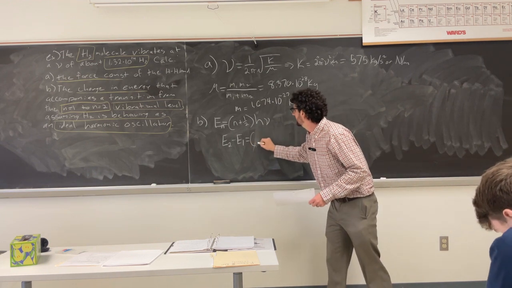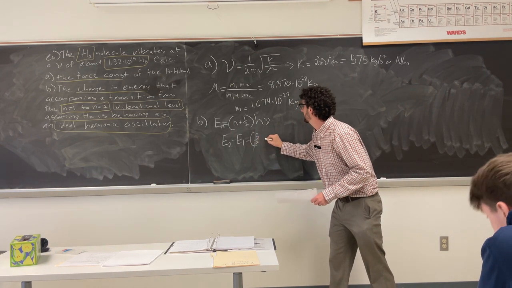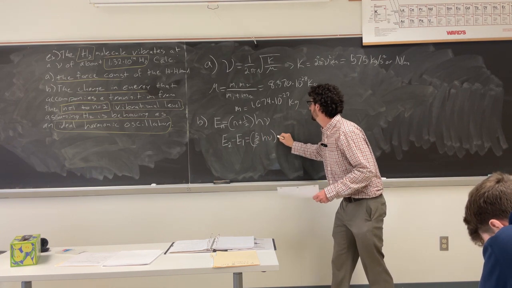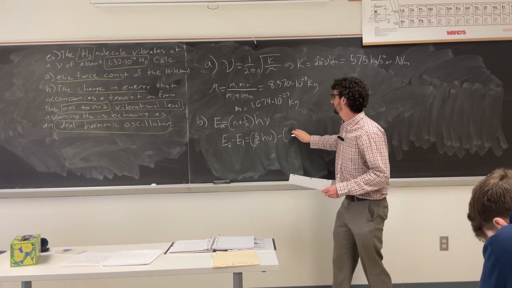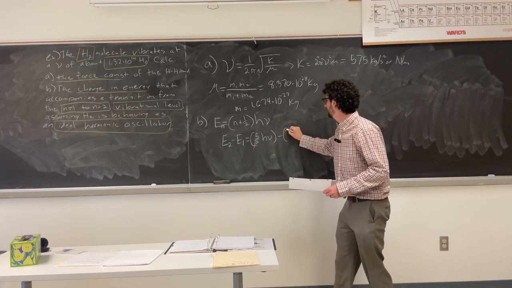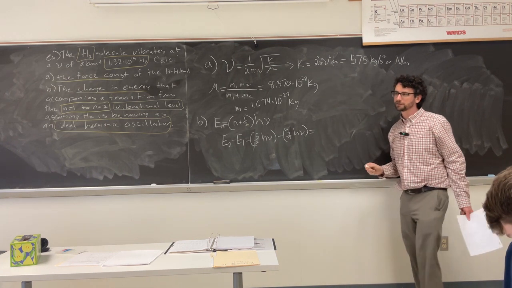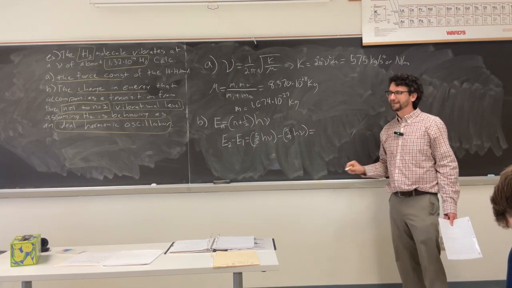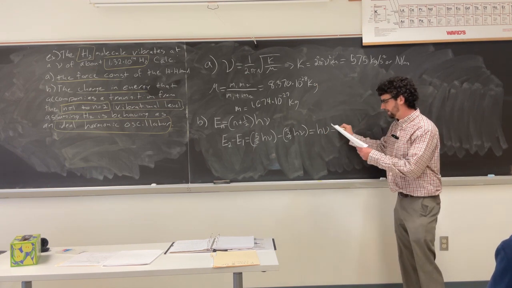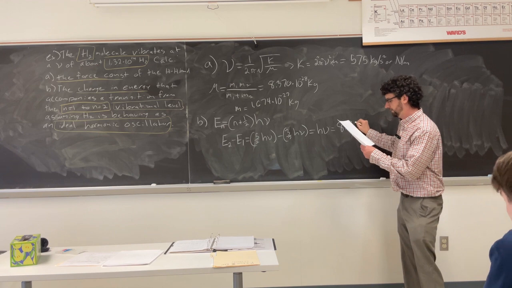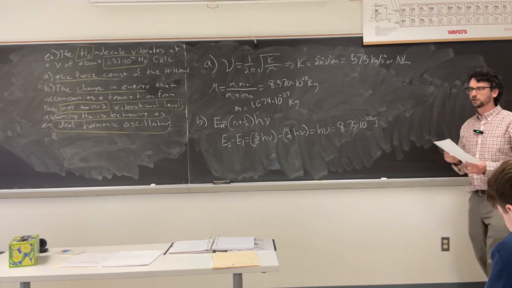So it would be what? 5/2 H nu minus, is that right? Yeah. 3/2 H nu, what's that going to work out to be? Yep, 1 H nu. We have nu already. We can multiply it by H. And you should get that many joules as a result.